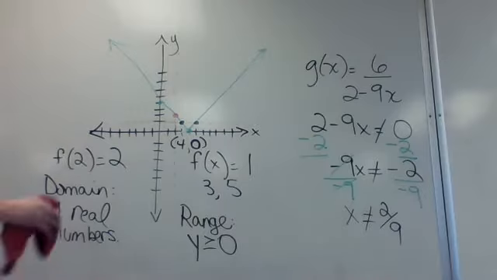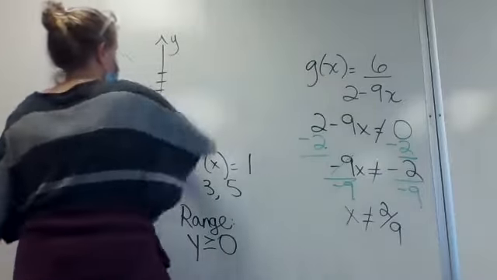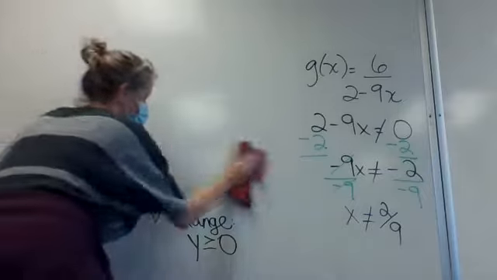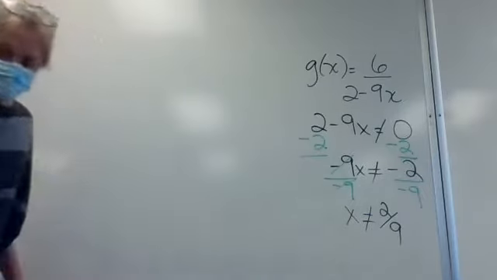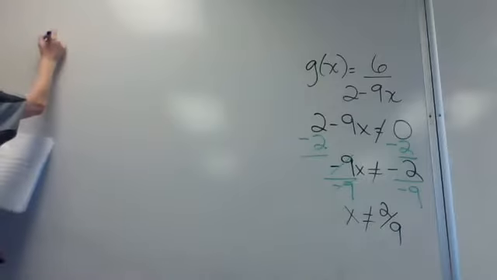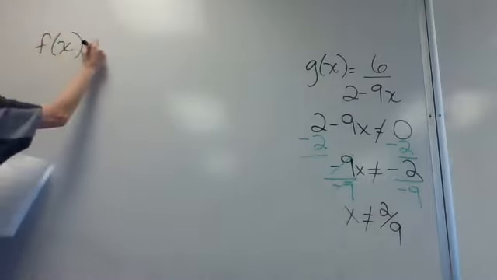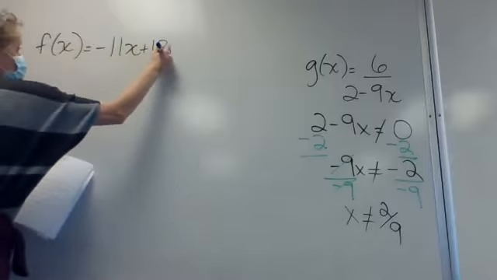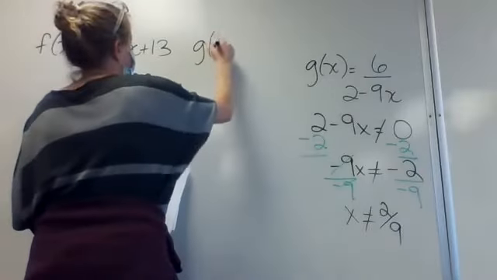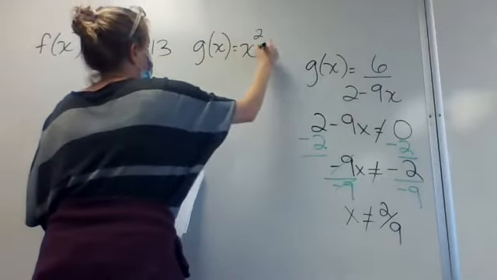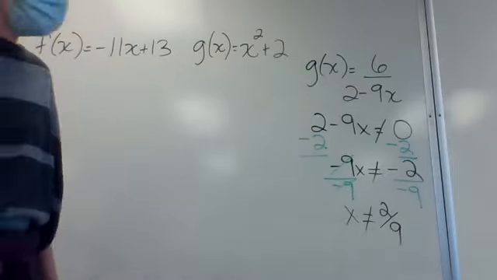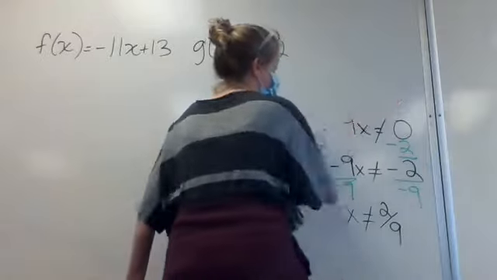On number 11, the functions are f of x equals negative 11x plus 13, and g of x equals x squared plus 2. And it's going to ask us to find f of 10 over g of 10.